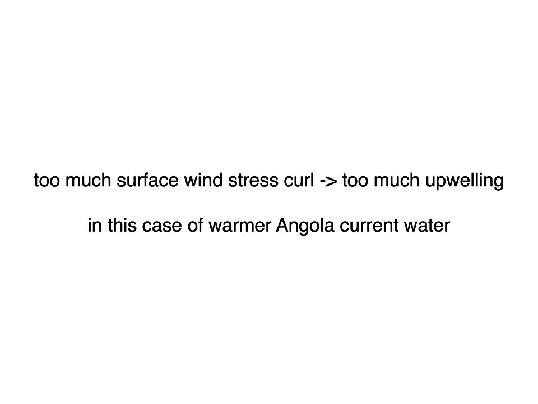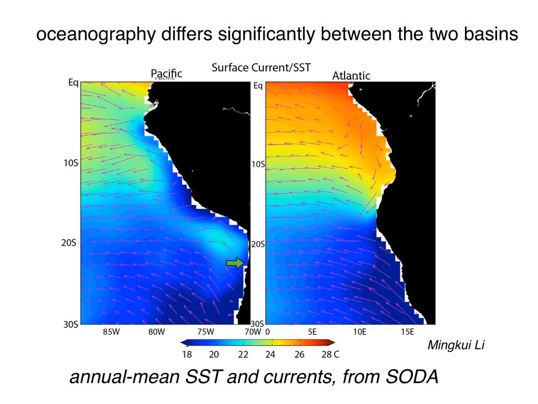But because of the complicated dynamics, I'll go back to this plot of the currents, because the dynamics of the Angola current meeting the Benguela current at this region are quite complex.